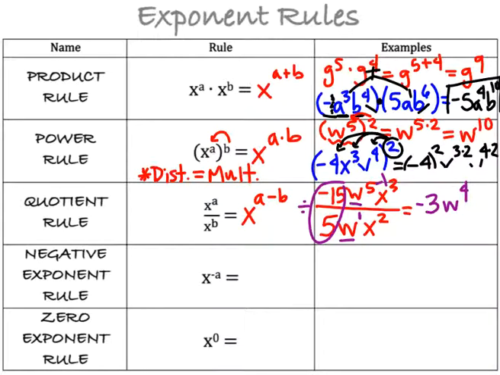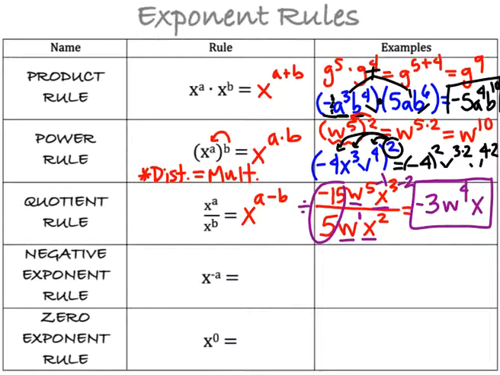Same thing with our x's. We've got x to the 3rd all over x squared. I'm going to subtract away those 2 on the bottom. I end up with x to the 1st power. Now here's what's kind of cool. You don't need that 1. So if you just write -3 w to the 4th x, this would be your final answer.